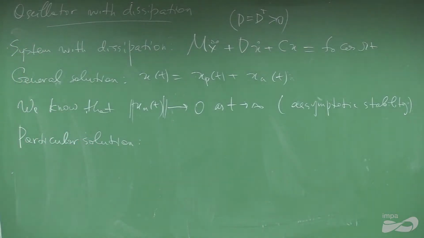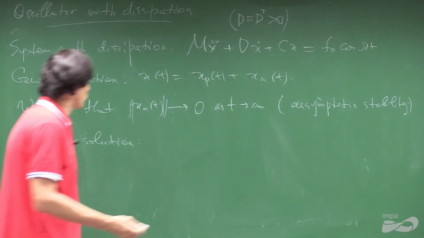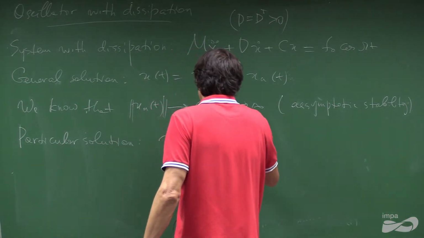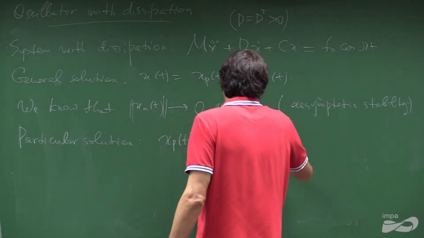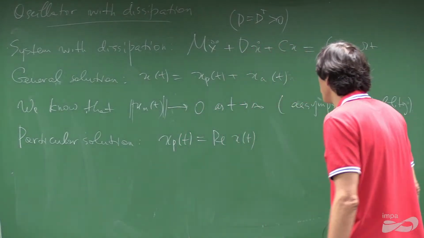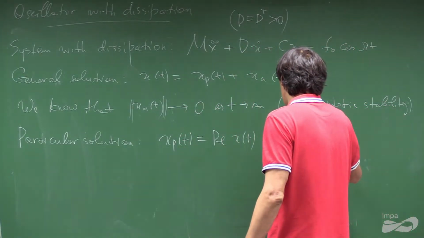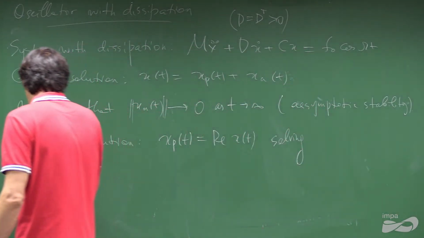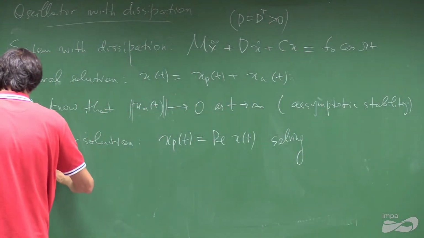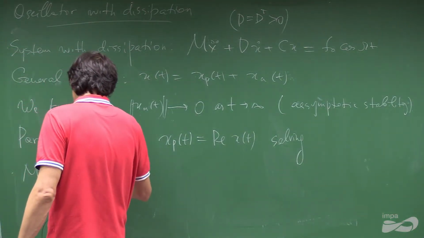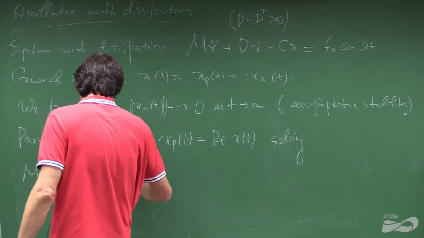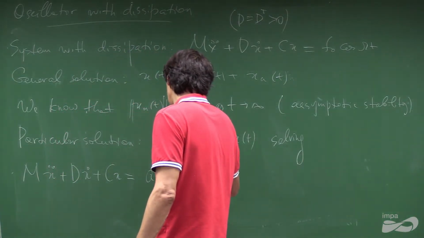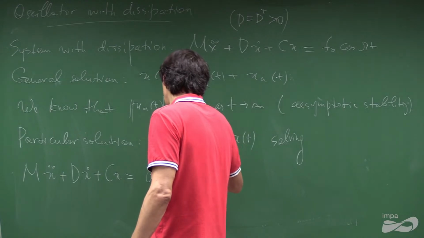Again, we make a complex form of the equation, and then we find the particular solution as the real part of the complex solution of the complex version of this equation. So it will be m x double dot plus d x dot plus c x equal f0 exponent i omega t.